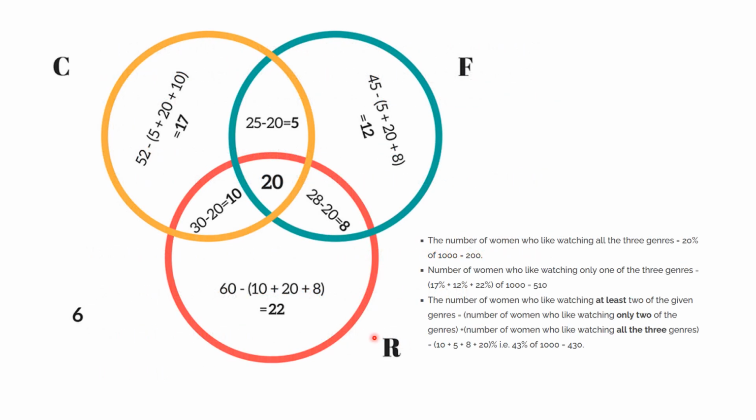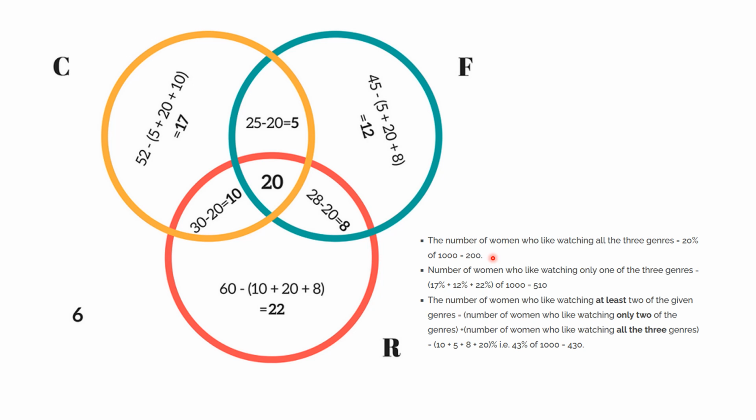to answer the problem. We fill out the Venn diagram, we got 20% there, and we put all of these other numbers in this way. So the number of women who liked watching all three genres was 20% of 1,000, or 200, because 20% times 1,000 is 200.